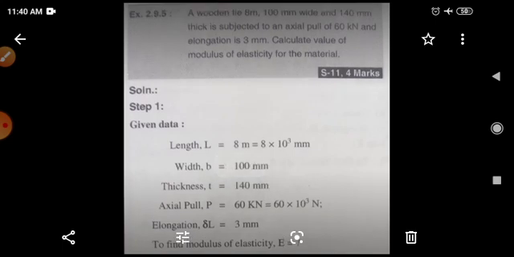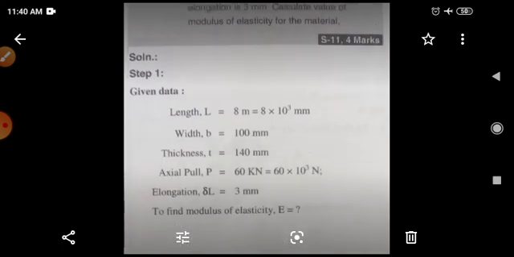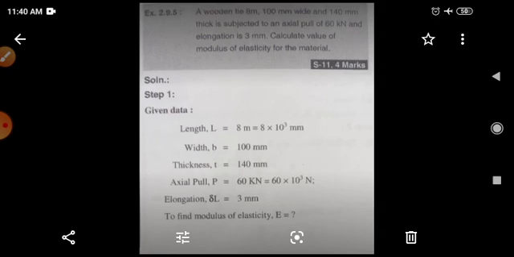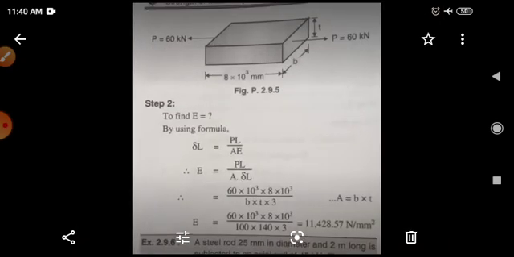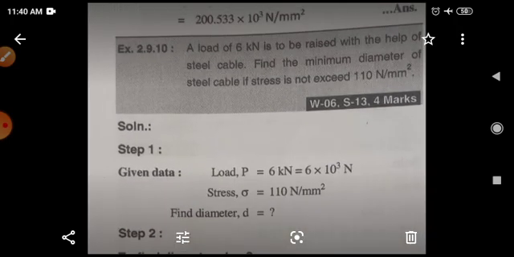Again, same thing, the given data is given. You can solve this, but I have told you to solve that. Here is the answer. First you have to try and then look at this figure. Don't directly come to this page.